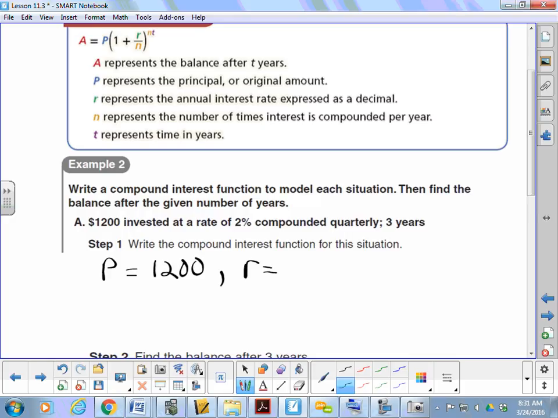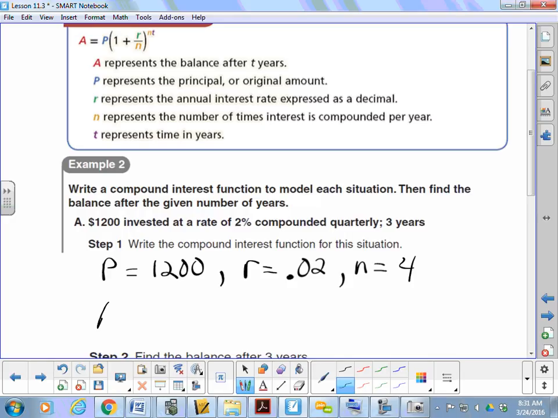R is our interest rate as a decimal. So 2% as a decimal is 0.02. And if they're compounding this quarterly, how many times a year does that mean? 4 times. So N is 4.